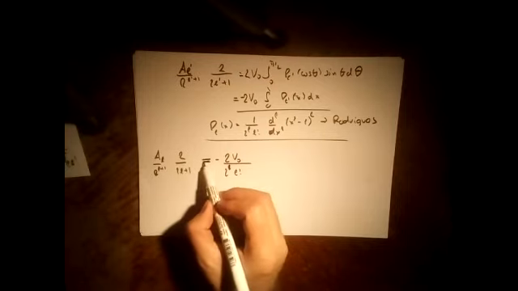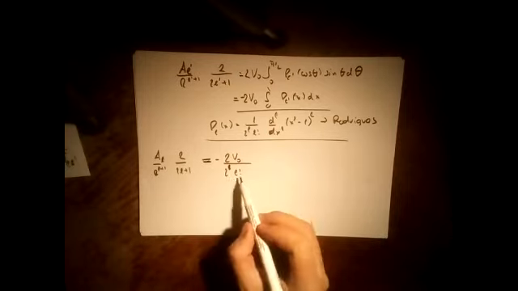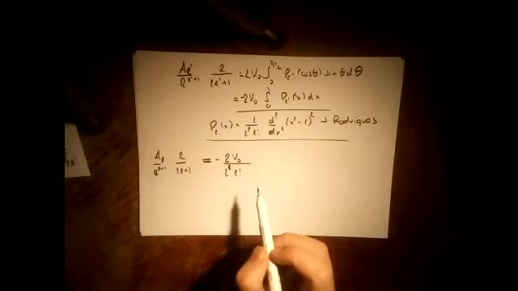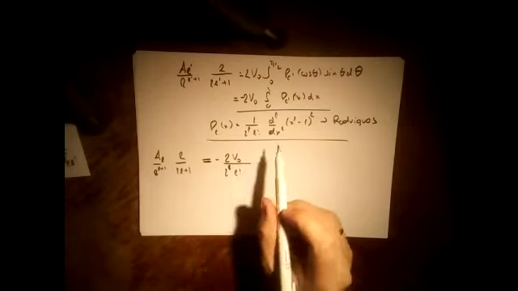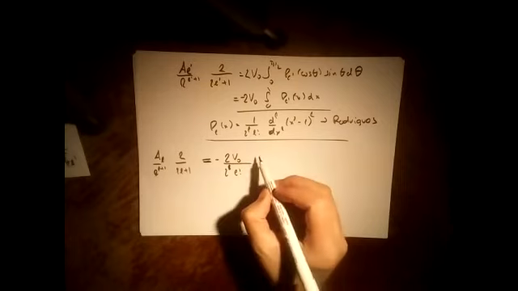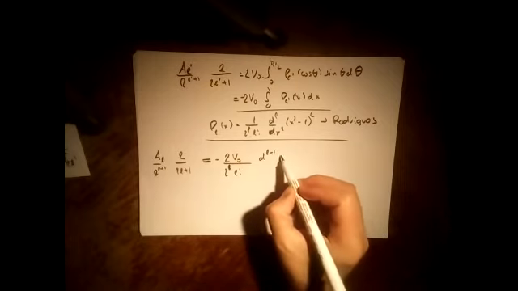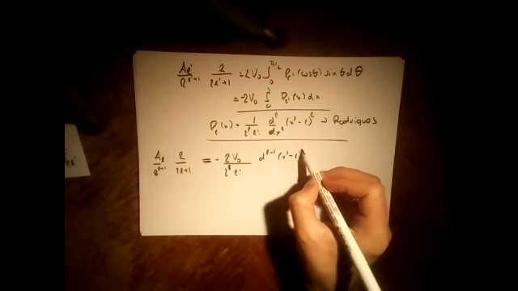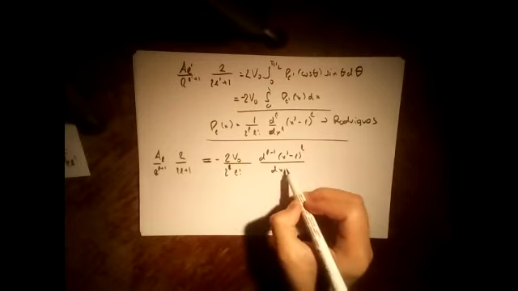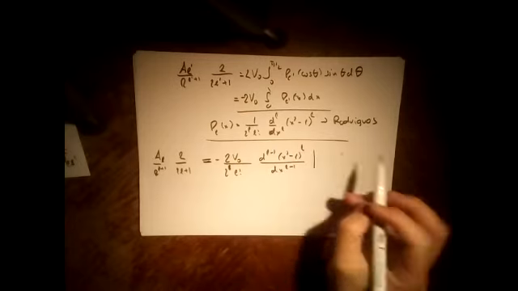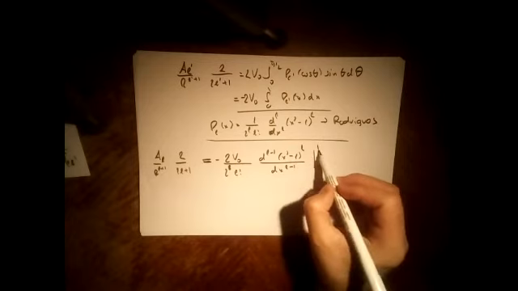There's a lot of bookkeeping here. 2V0, 2^L L factorial. And when I put this in that integral, what I'm going to have is d^(L-1)/dx^(L-1) of (x squared minus 1)^L, and this goes from 0 to 1.